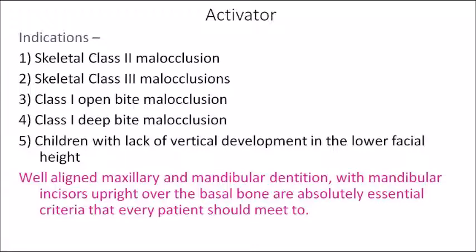Even though the patient might have a class 2 or class 3 malocclusion skeletally, with an open bite or deep bite, it's a prerequisite that the upper and lower arches should be well aligned, especially the lower incisors upright over the basal bone.